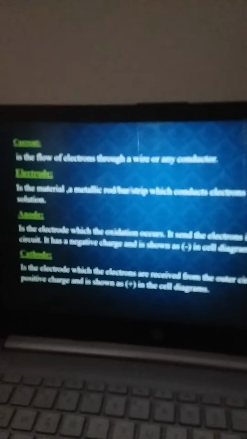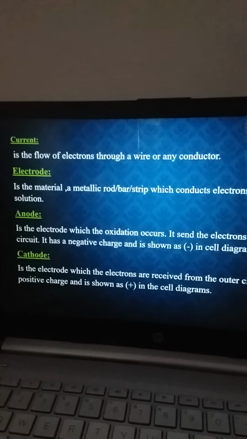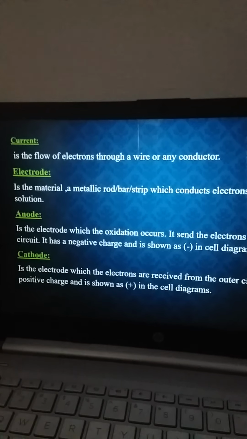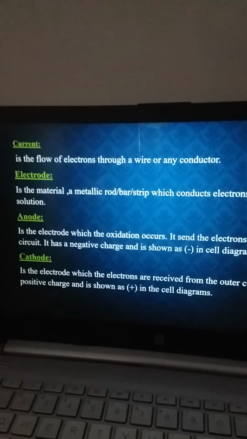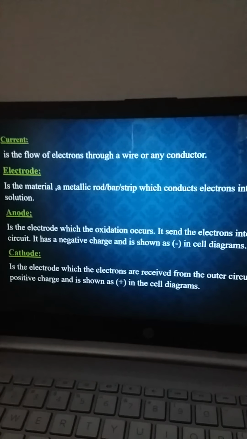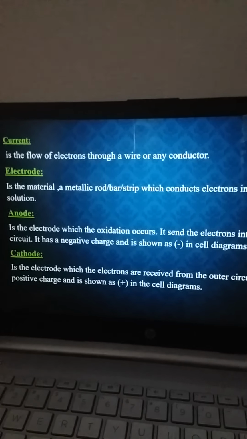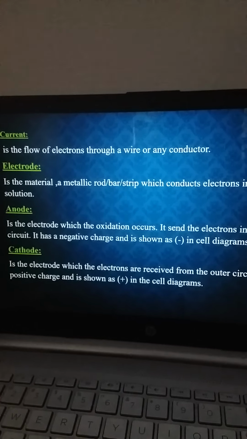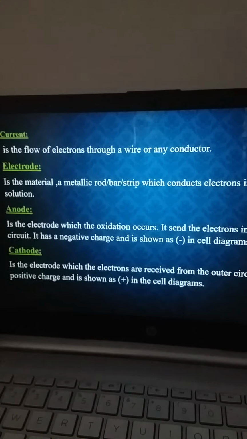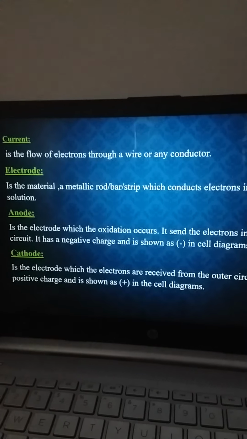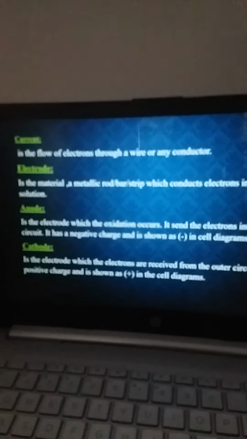Next we shall study the definition of anode. Anode is one of the electrodes in which oxidation occurs. Oxidation means loss of electrons. The anode sends electrons into the outer circuit and it has a negative charge.